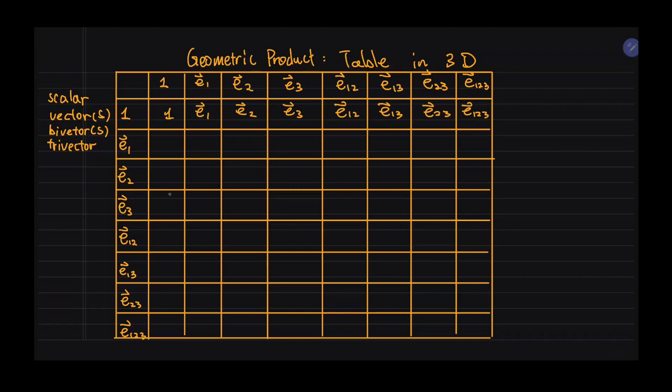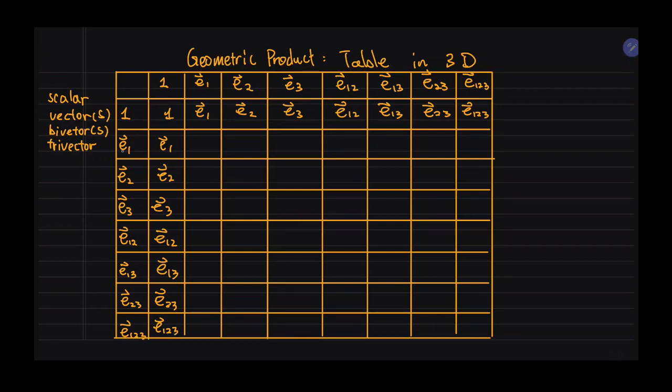And the same here, the geometric product from different objects to scalar number 1 is just a copy, nothing changes: E3, E12, E13, E23, and E123.